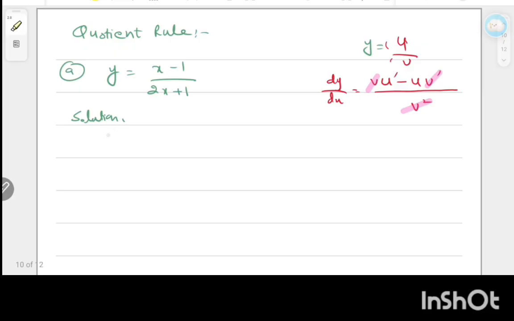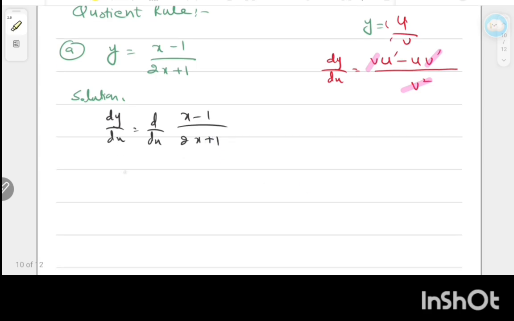Now we take its derivative on both sides: the left-hand side derivative, and on the right-hand side we take d over dx of (x minus 1) over (2x plus 1). First of all, the v term we have to write here is (2x plus 1) whole square, that's the first step, and also the last term is 2x plus 1.